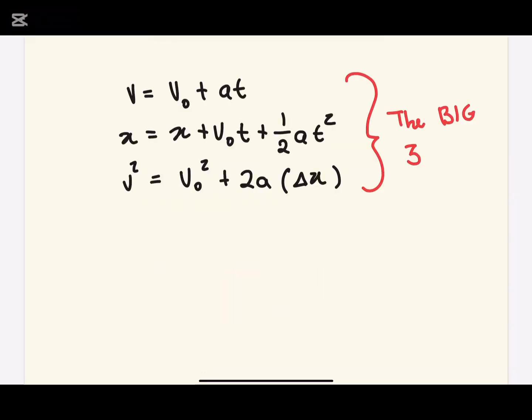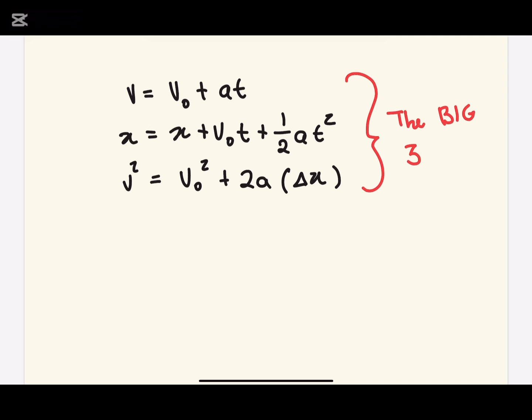When graphs aren't enough, we use algebra. So we use algebraic equations. And the AP Physics 1 equation sheet gives you these three primary formulas, only to be used for problems where there is constant acceleration. And we usually call these the big three equations. So let's go through each.